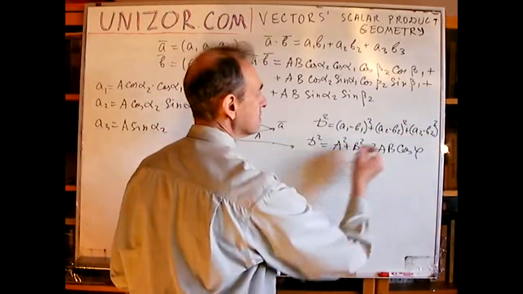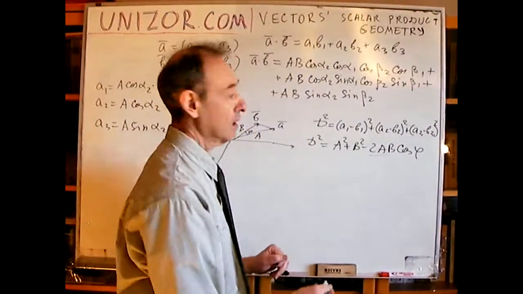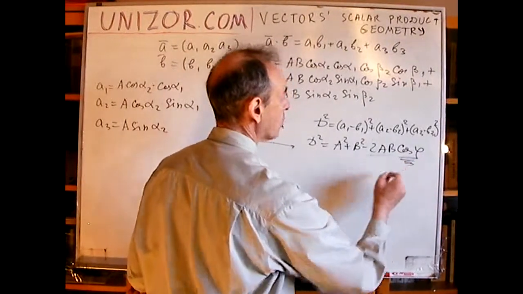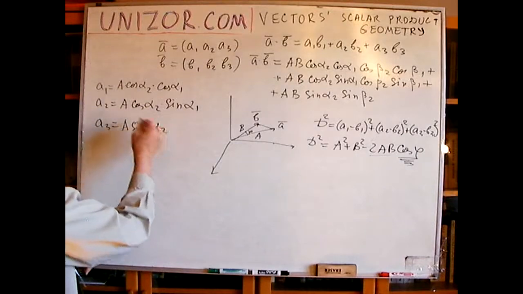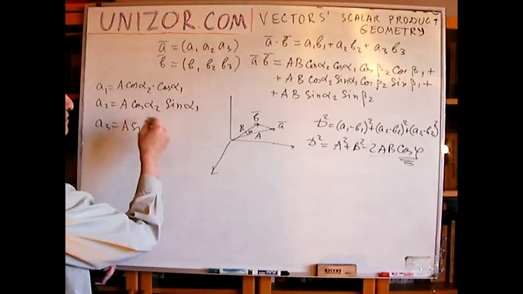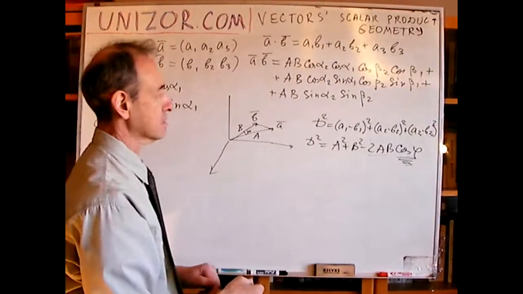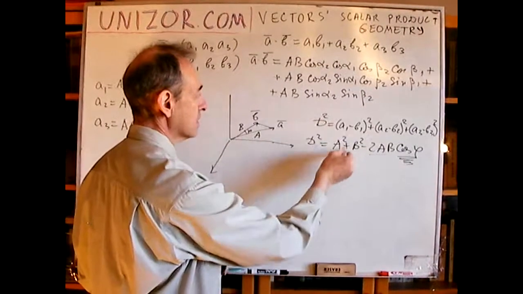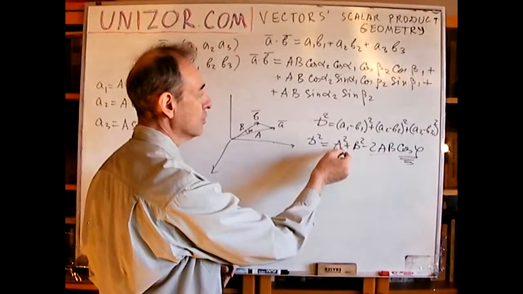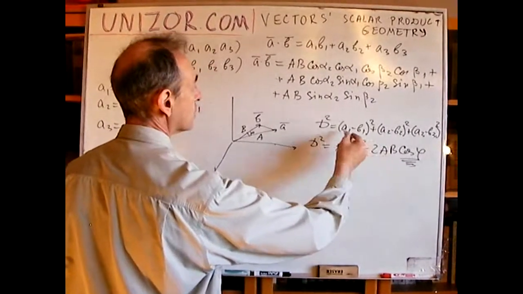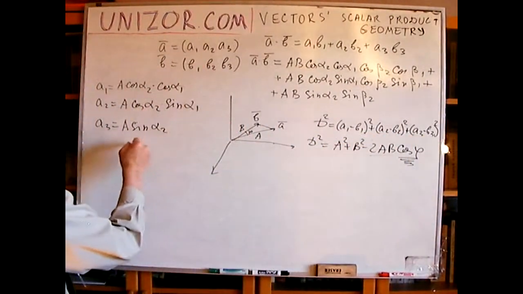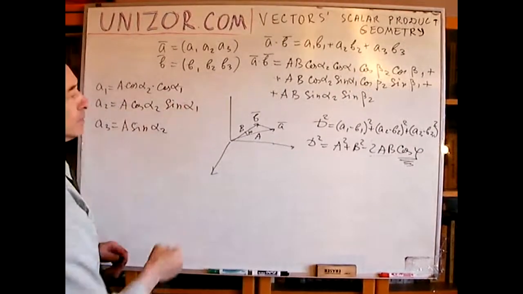So equating these two things, I can see what will be cosine phi in terms of all these cosines of alpha 1 and alpha 2 and sines, etc., etc. So the equality between these two should give me the expression of cosine phi in terms of other angles, alpha 1, alpha 2, beta 1, and beta 2.